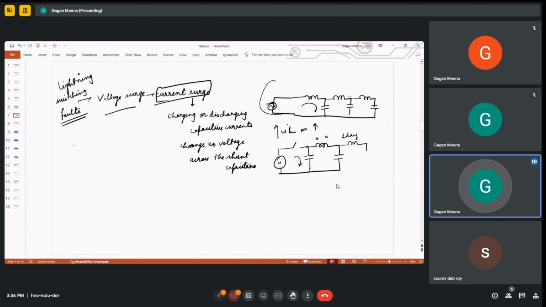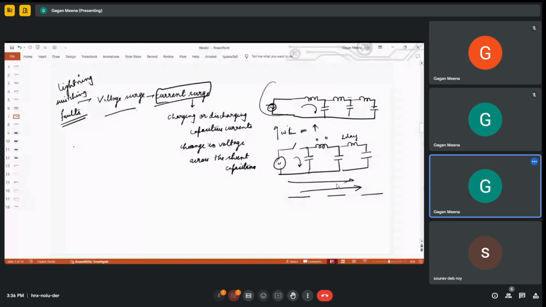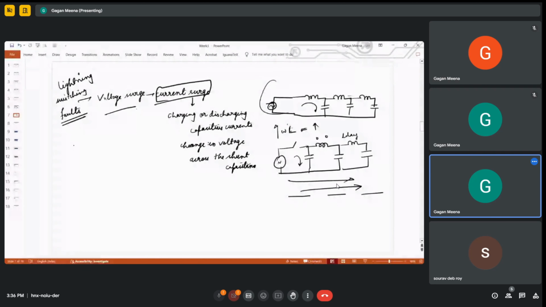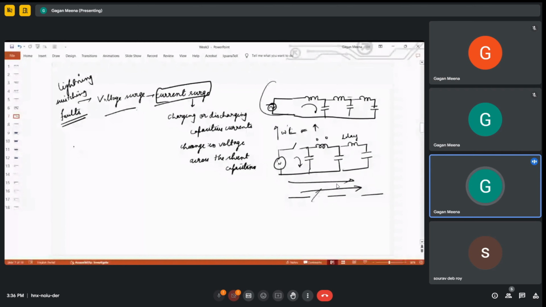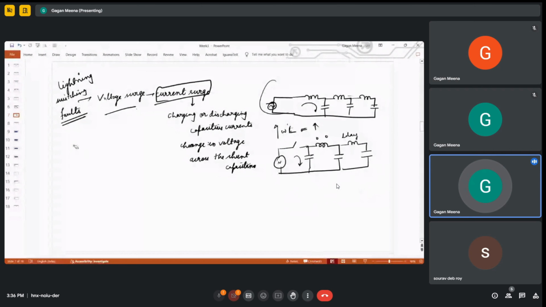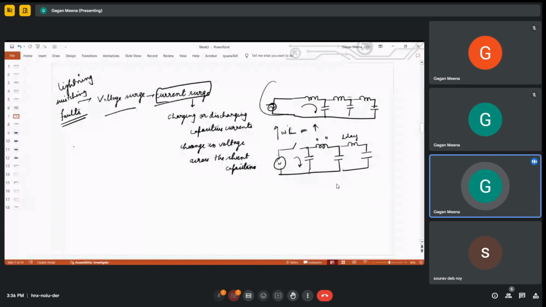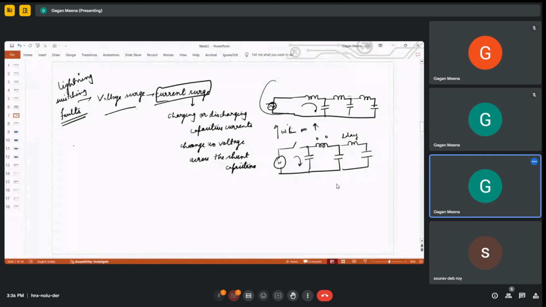So the voltage from here will go here, traveling from left to right with a certain delay. From the sending end to the receiving end, there is a gradual buildup of voltage over the transmission line conductor, as if the voltage wave is traveling from the sending end to the receiving end.